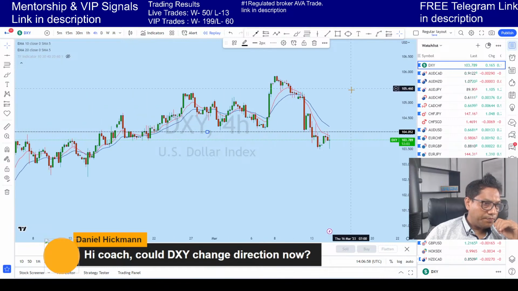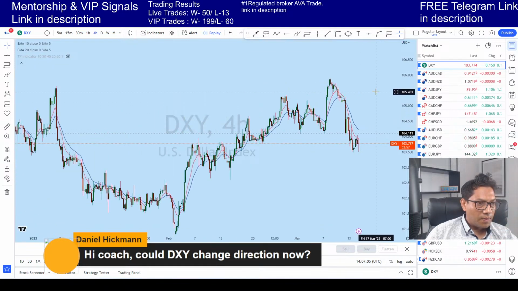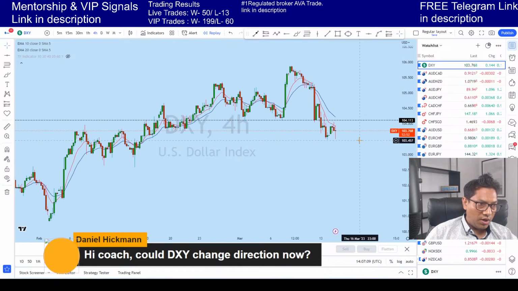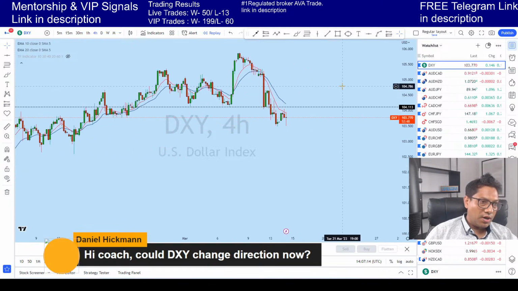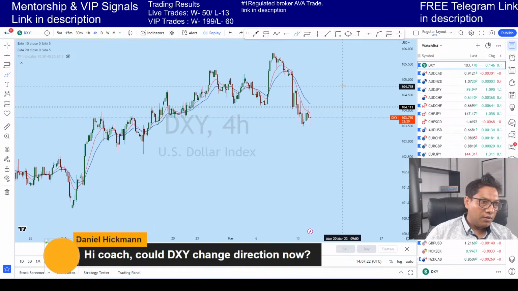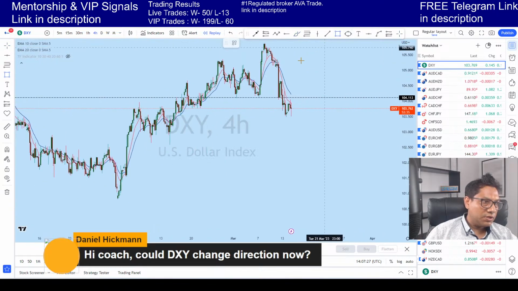Okay, so I think that DXY, the way it has formed, for me it's still bearish. Okay, and what I think, DXY after testing this level, we might see it dropping. It may drop to this level here.